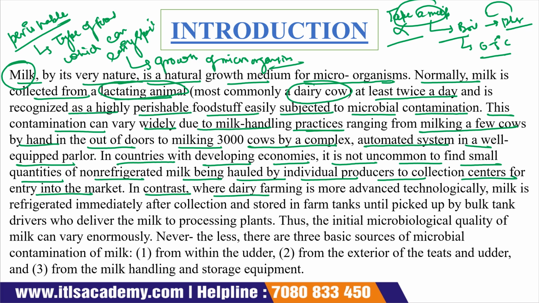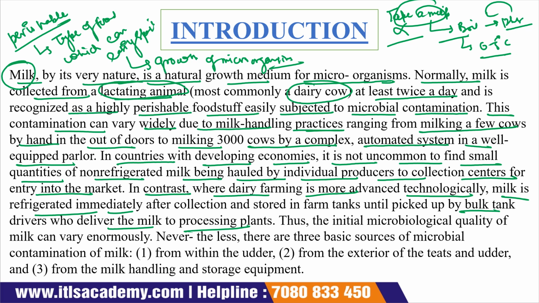In contrast, where dairy farming uses more advanced technology, milk is refrigerated immediately after it is collected and stored in a farm tank until it is picked up by a bulk tank driver, who delivers the milk to a processing plant.